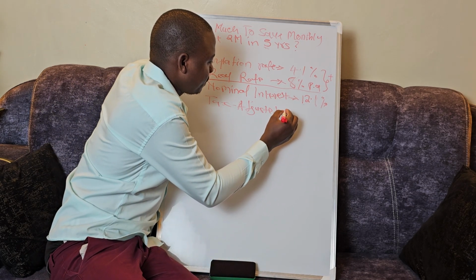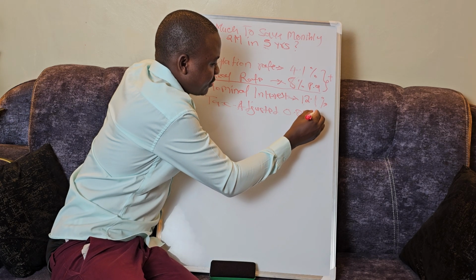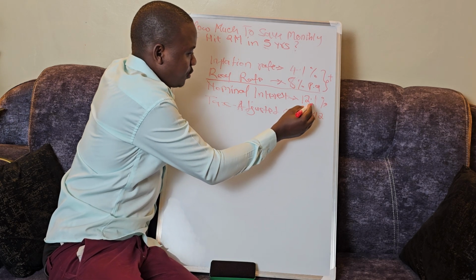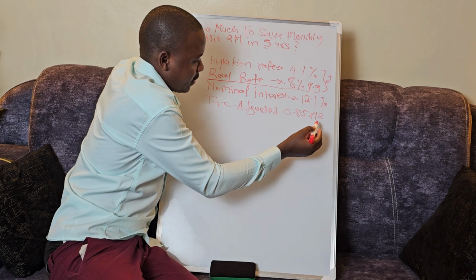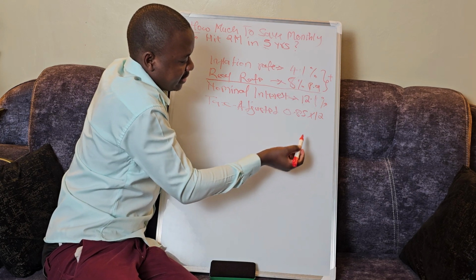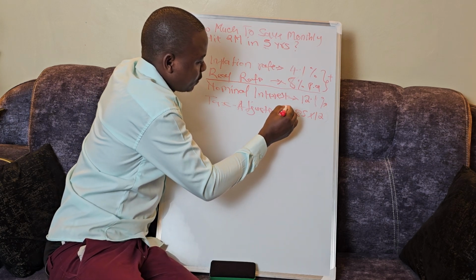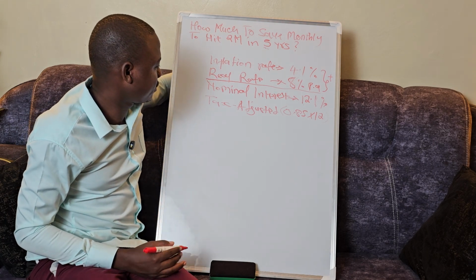I'll arrive at it by doing 0.85 times the rate. Allow me to use just 12%, ignoring that 1% which came as a result of the inflation element, to make it simple.